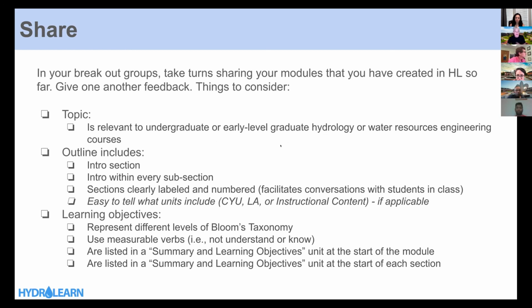When you get feedback on that outline, does the outline include an intro section, an intro within each subsection? Are the sections clearly labeled and numbered? I know in other modules, we found that if you have section 1, then you might do 1.1, 1.2, and so forth, just to make it clear about the structure of those sections to make it easier to communicate with students as you're using your module.